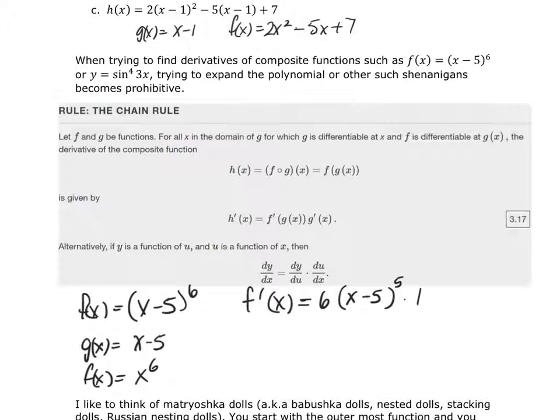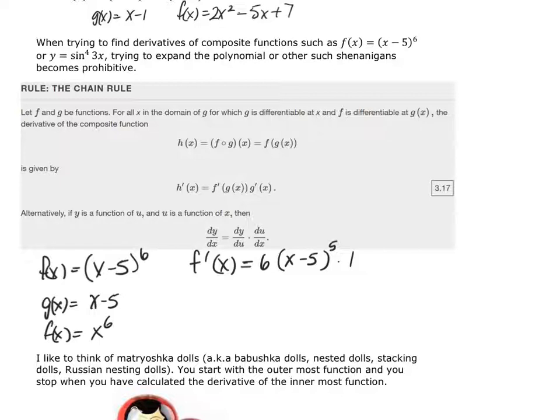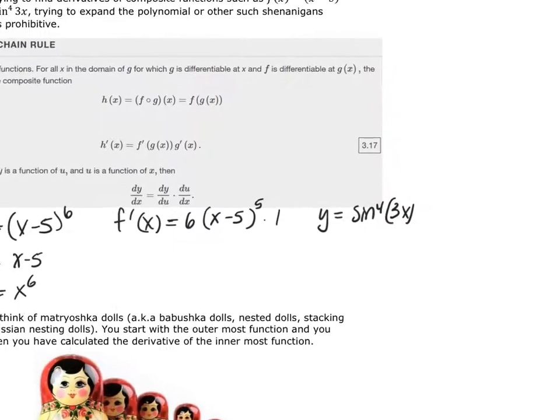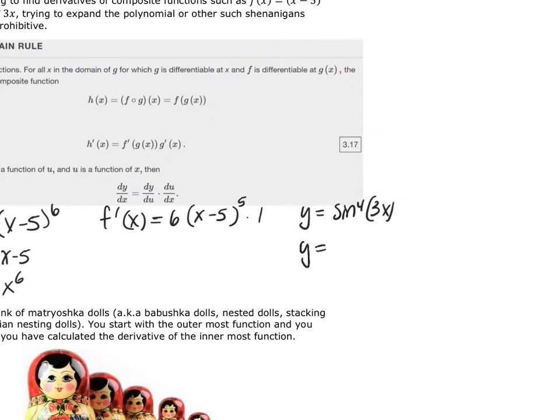If I look at my second one, y is equal to the sine to the 4th of 3x. I'm just going to rewrite this as y is equal to the sine of 3x raised to the 4th power.